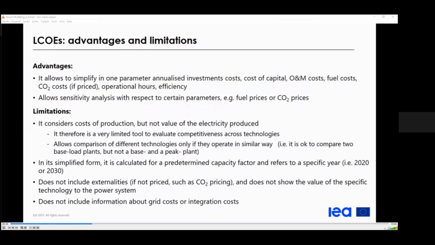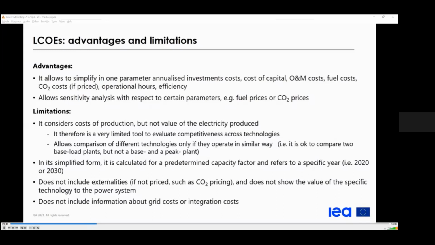And this screening curve concept cannot be applied to renewables technology because of these categories between peak and baseload plants. So we really feel the need to go beyond this limitation. It does a great job, but we want to go beyond to overcome this limitation.